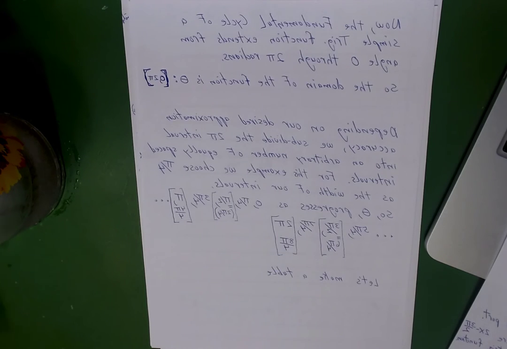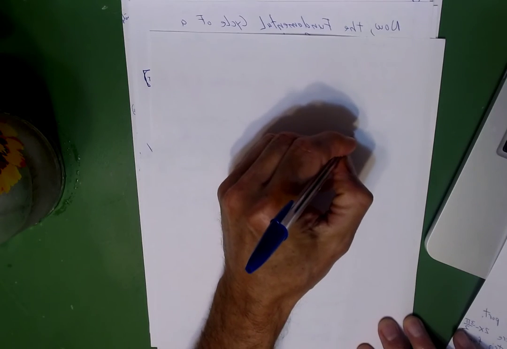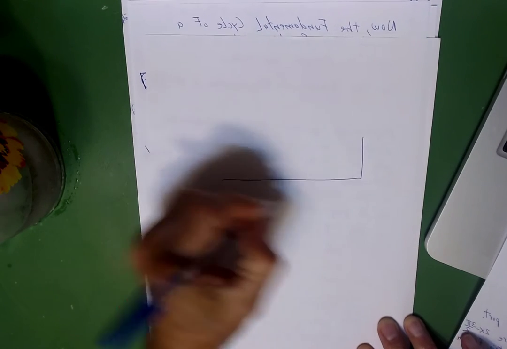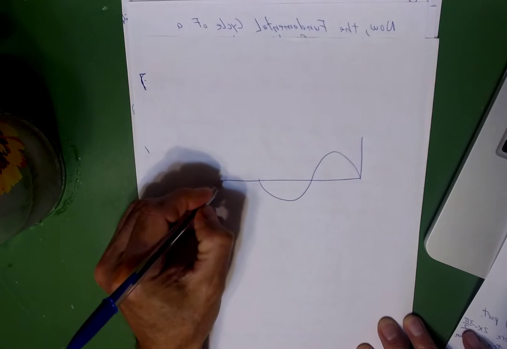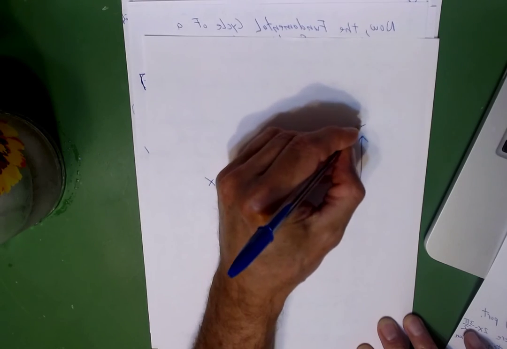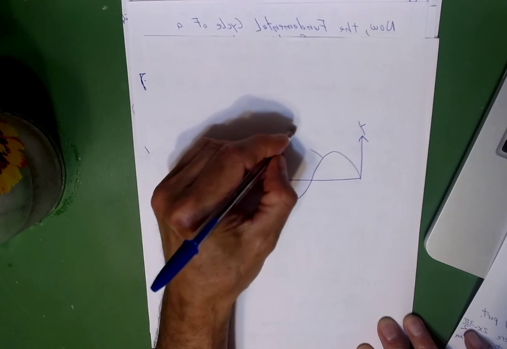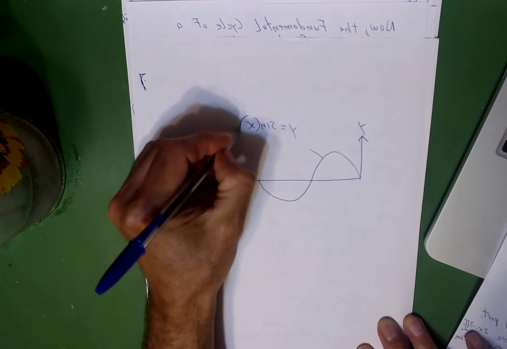Let me show you what I'm talking about here. So let's say this is a sine wave, right? So this is the x-axis and the y-axis, and this is y equals sine of x, let's say, okay?